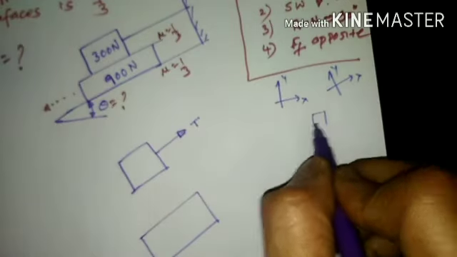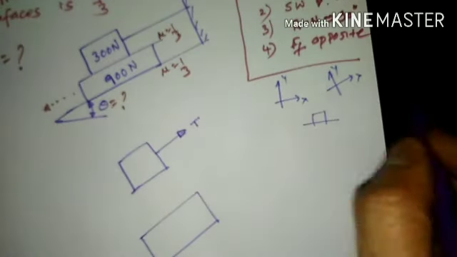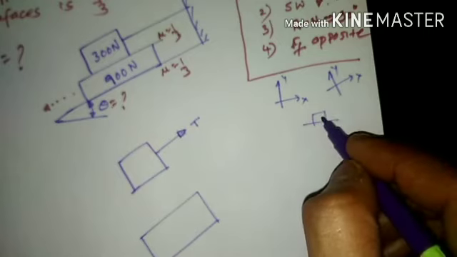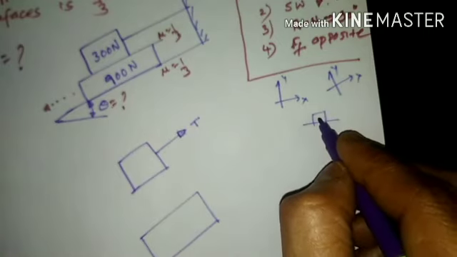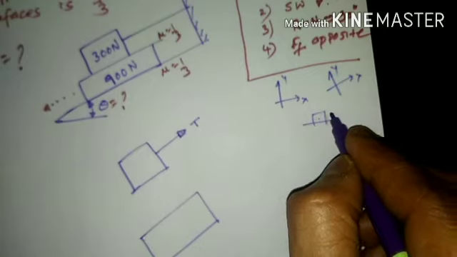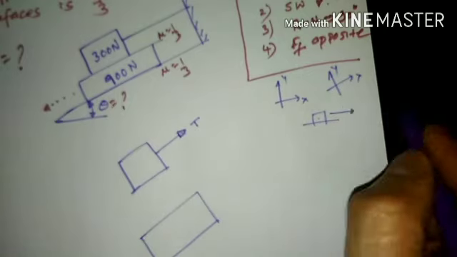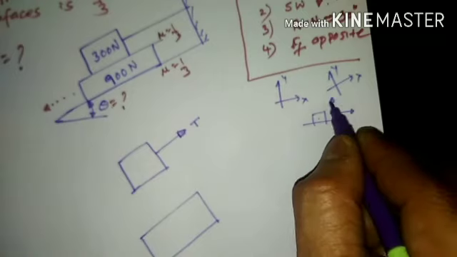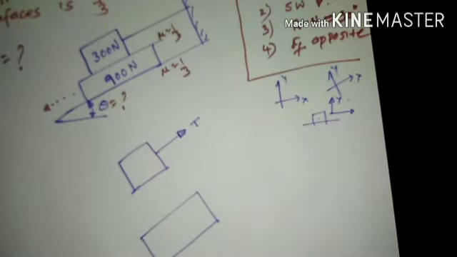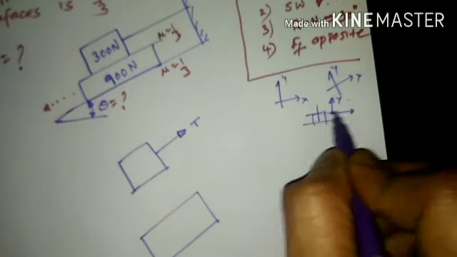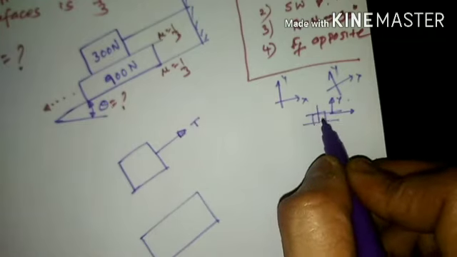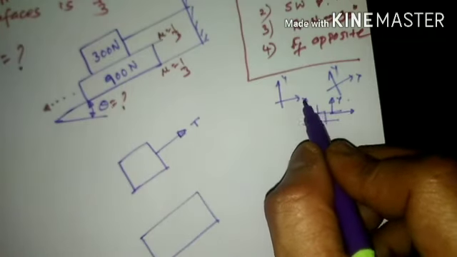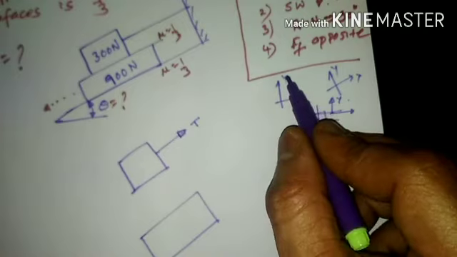If the body had to be placed on a horizontal surface, there is no point in noting down the coordinates along the inclined direction, because if a body has been placed on a horizontal surface, the body will obviously move along the horizontal x direction, or it will have a tendency to move along the vertical y direction. For that reason, when a body has been placed on a horizontal surface, the conventional directions chosen are horizontal x-axis and vertical y-axis.